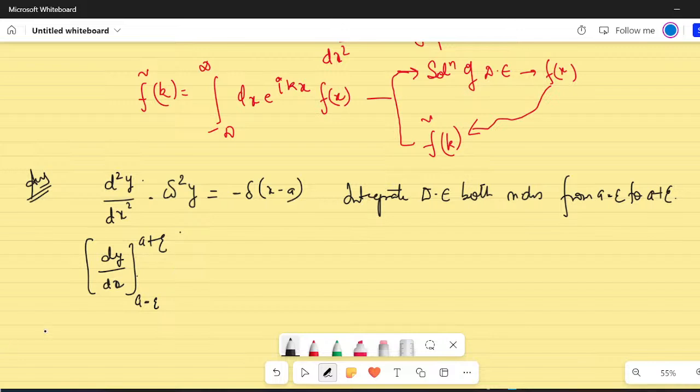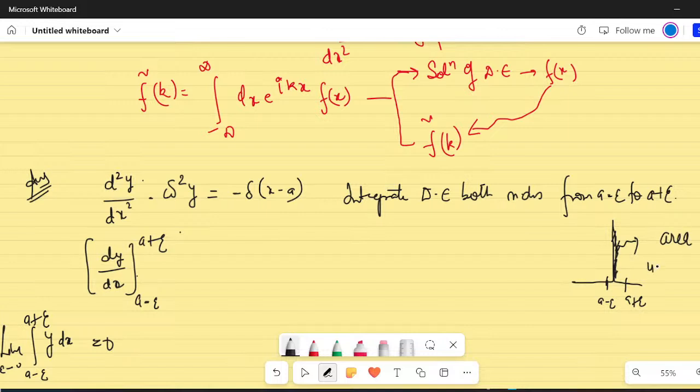And you remember I have told you that if I integrate y dx from a minus epsilon to a plus epsilon in the limit epsilon tends to 0, this will go towards 0 only. Because after all, this is like integrating from a to a, but this Dirac delta function will certainly contribute something. In the Dirac delta function, if there is a peak at a and I'm integrating from a minus epsilon to a plus epsilon, it will give me the area under the peak.